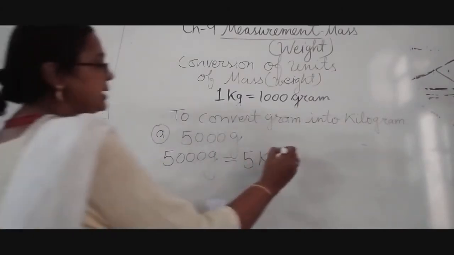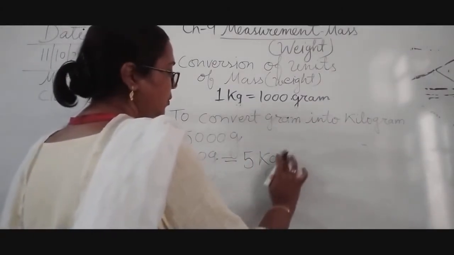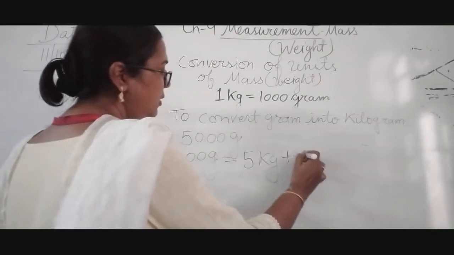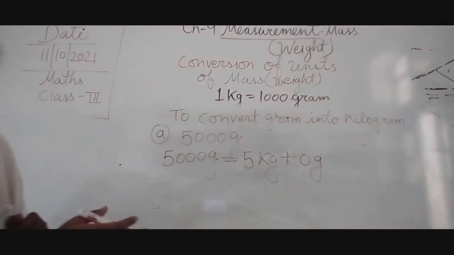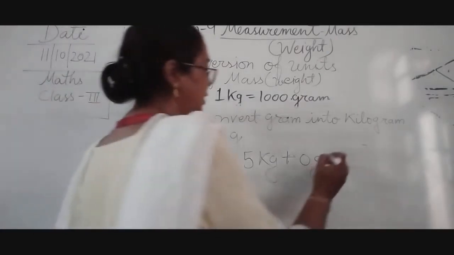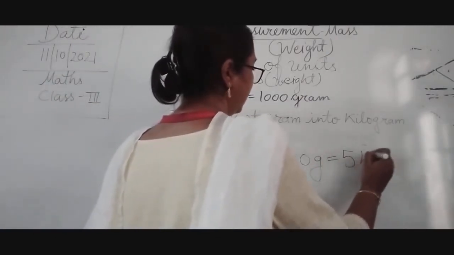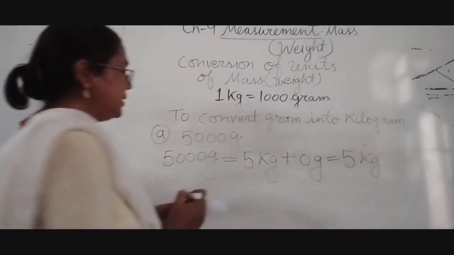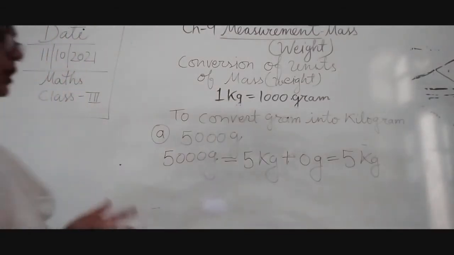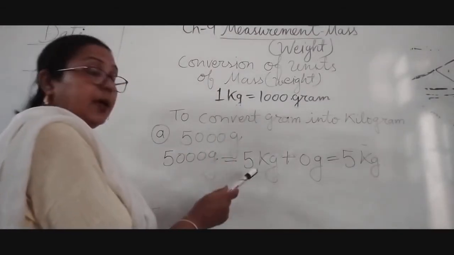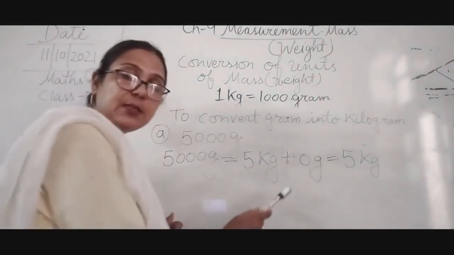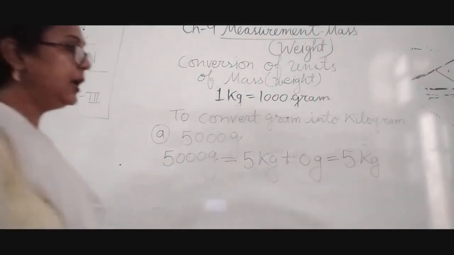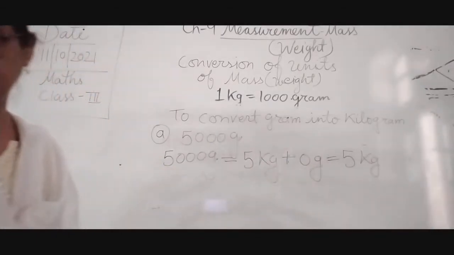Now plus 0 grams, because grams is not over here, equal to 5 kg. So first we have arranged into hundreds, then tens, and again we will get 5 kg over here.